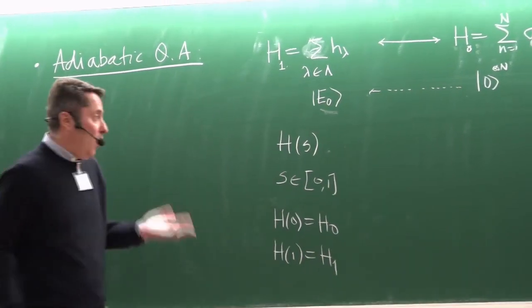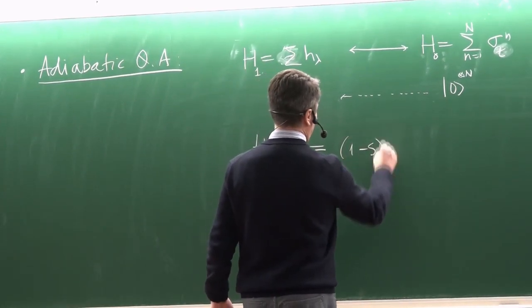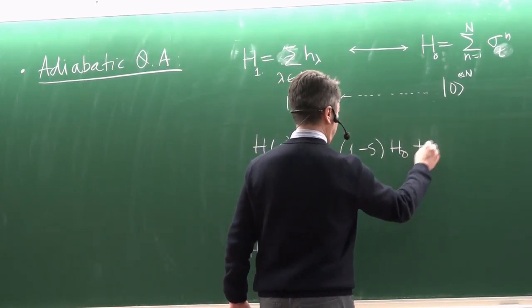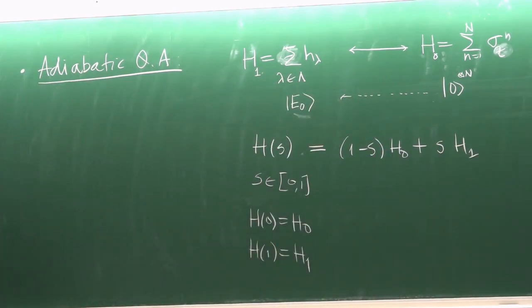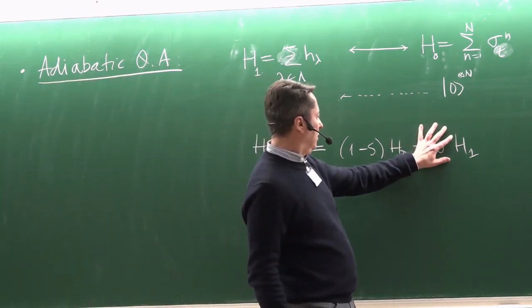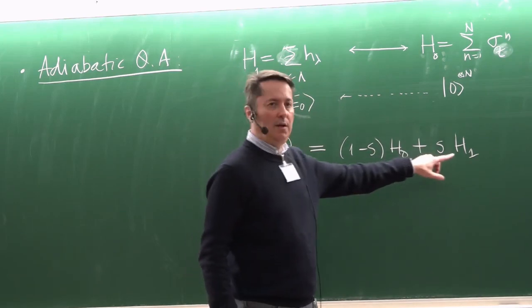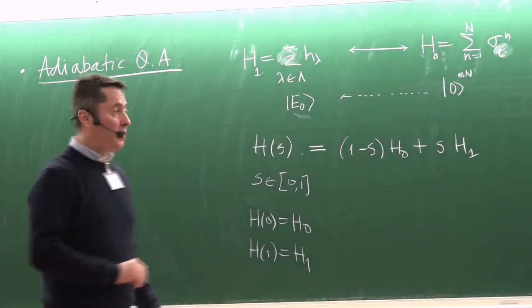That's the condition. One way of doing that is to take (1 minus s) H0 plus s H1. And so this Hamiltonian for s equals 0 is H0, and for s equal 1 is H1. So it connects these two Hamiltonians continuously.